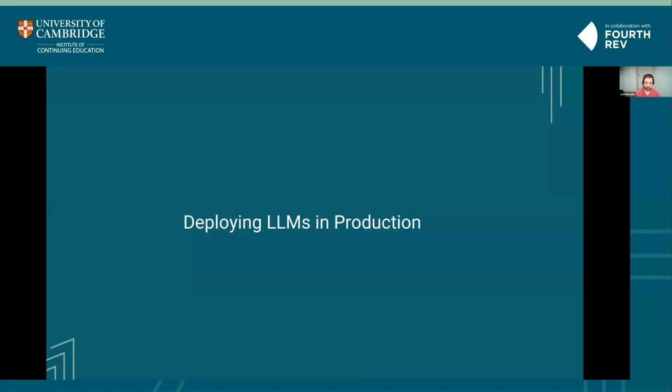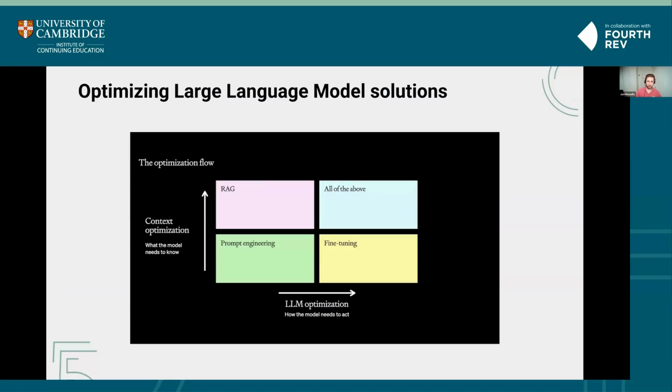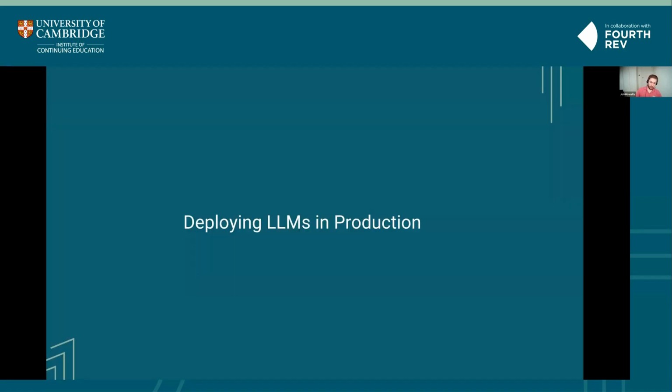So with that in mind, what are some of the approaches around and things to watch out for when deploying large language models in production? There are a few challenges around productionizing large language models in an application. The first of which is hallucination.